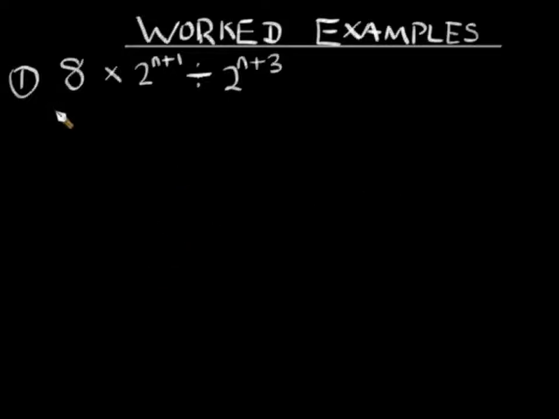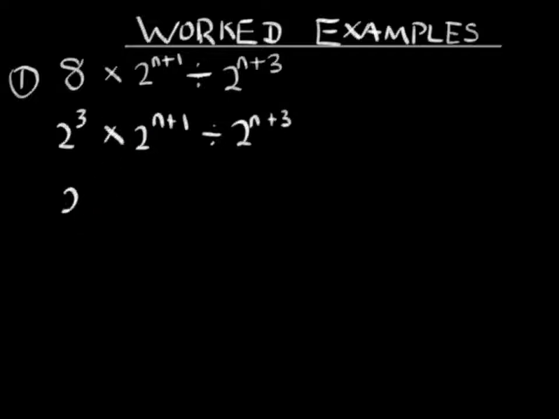So we have 8 being 2 raised to power 3 multiplied by 2 raised to power n plus 1, just the way it is, divided by 2 raised to power n plus 3. So what we have in this case is that we can pick one of the 2's here, and because of the multiplication sign in between them, according to the laws of indices, we add up the powers.